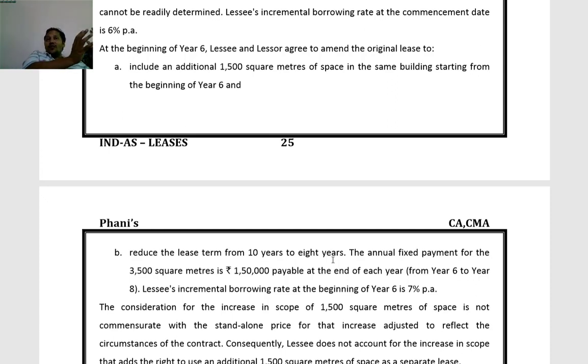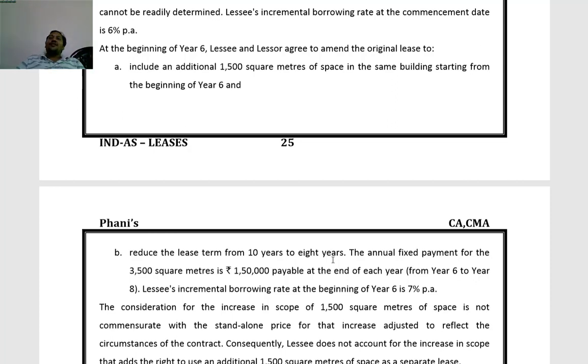Then we will compare with the balance liability whatever is there, and the differential we can reduce. Now, what is the balance liability prevailing, and what is the balance to be maintained only for 3 years. In the same way, the ROU asset, the right of use asset, will also adjust.